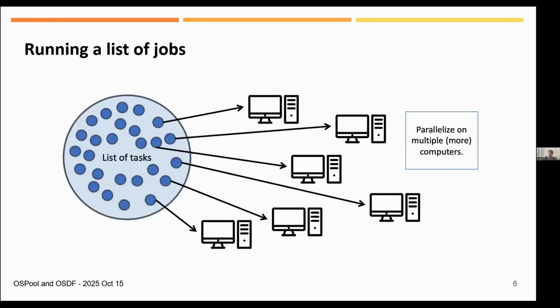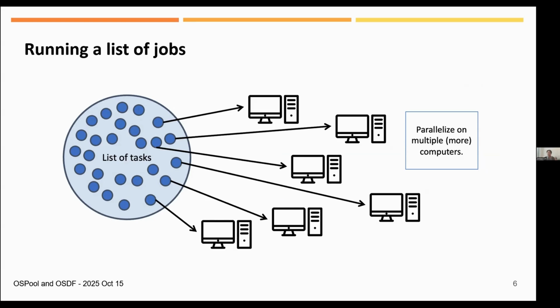And so what that looks like is that when you have that list of tasks, you could run it on your computer, slowly run it in a serial fashion, but a way to speed this up is to parallelize these tasks by running them on multiple computers. So in essence, it's like we're giving you keys to a computer lab, and then you're able to run your workload on every single computer in the computer lab.